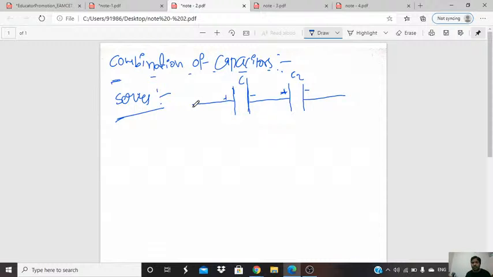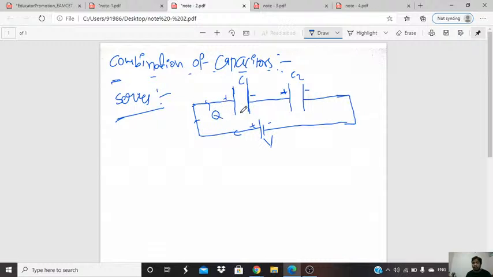And finally, first plate of the first capacitor and second plate of the last capacitor are connected to terminals of a battery.